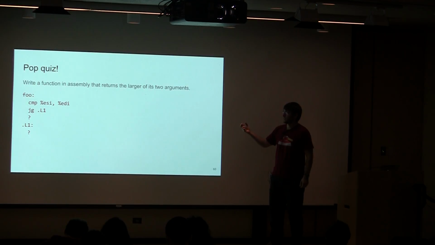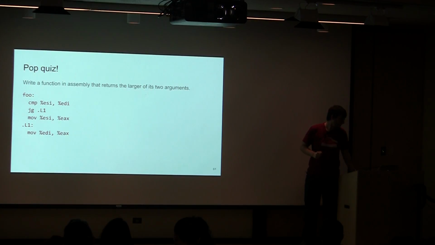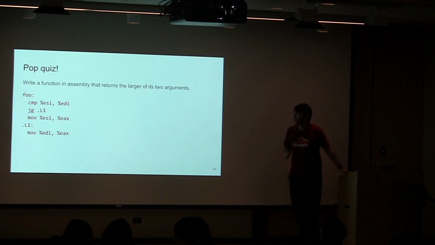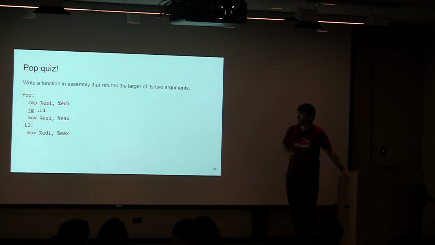So if EDI is the bigger one, then we'll jump down to the second question mark. If ESI is bigger, we'll be in the first question mark. So we actually want to move ESI into EAX, I think. And then in the other case, we want to move EDI into EAX. Does that make sense? Cool, okay. There's one more thing we're missing here.